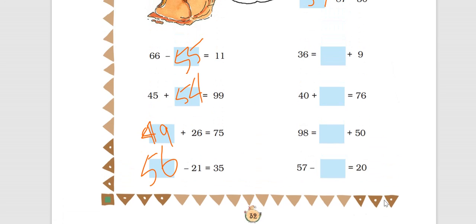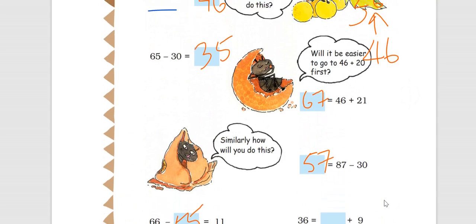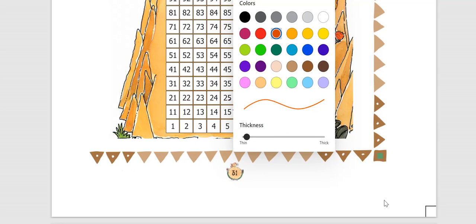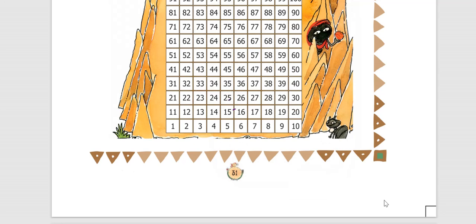The next one is dash plus 9 is 36. So how do we reach 36 from 9? Let's start at 9. And we have to reach 36. Let's go to the line where it is all 3 tens. So how many? 1, 2, 3. 3 tens is 30.